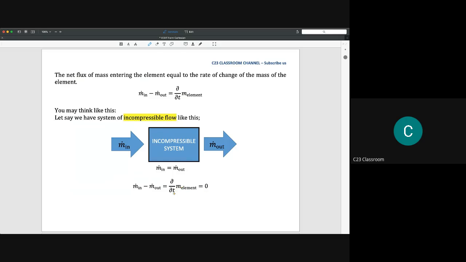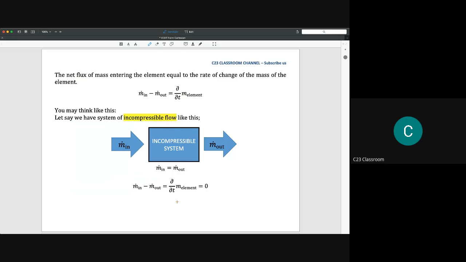Why are dm and dt equal to 0? Because we believe that the changes of mass, the increment of mass over time in this system, is equal to 0. Yes, we have mass flow rate at inlet, and we have mass flow rate at outlet, but the mass here is not changing over time.